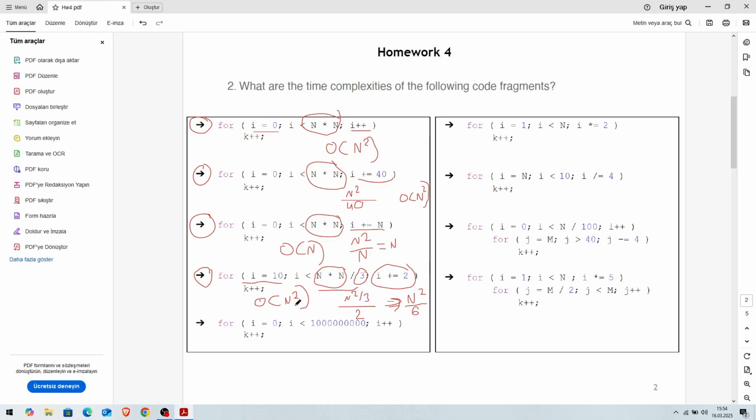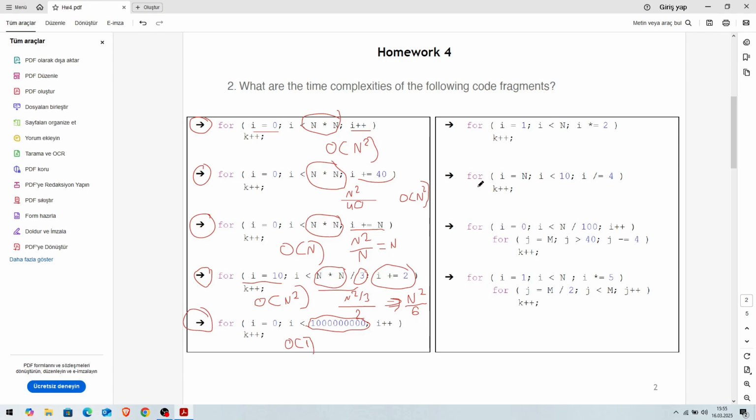When we analyze this code, this loop always runs 1 billion times, a constant independent of n. We don't have any n in there, so the time complexity is O(1).